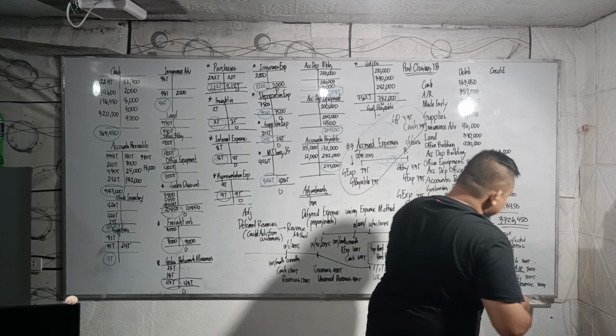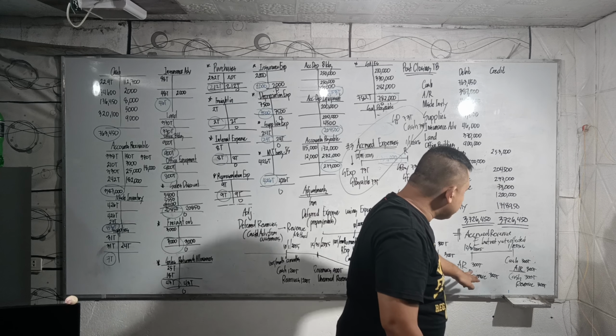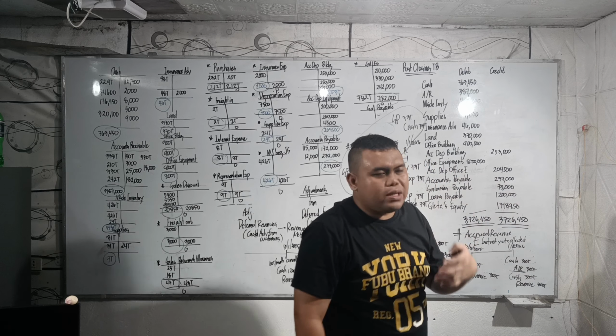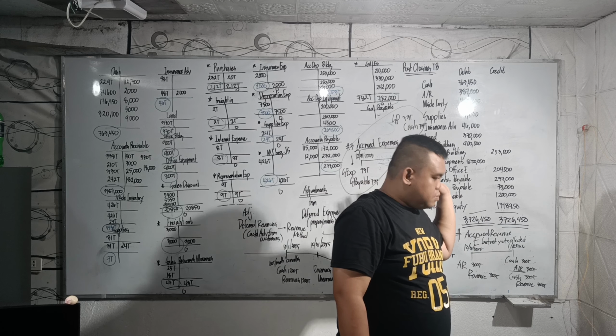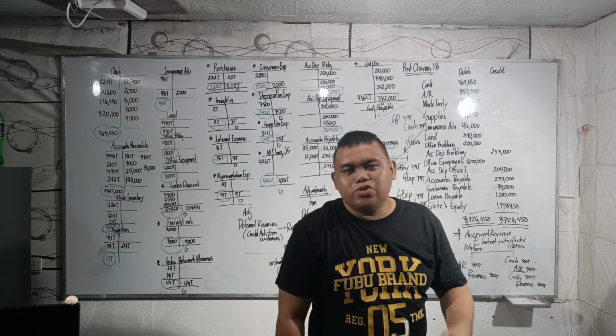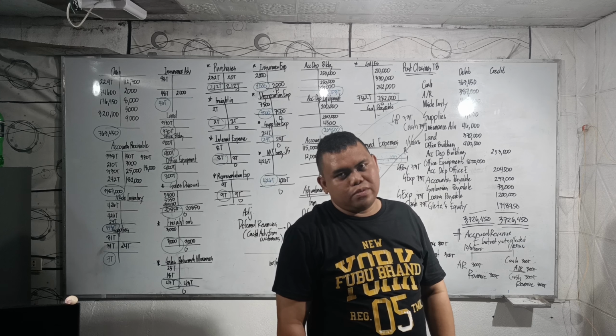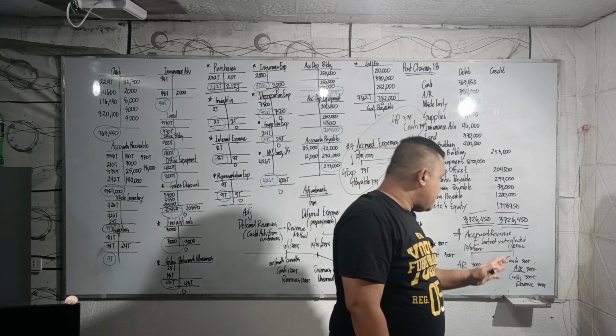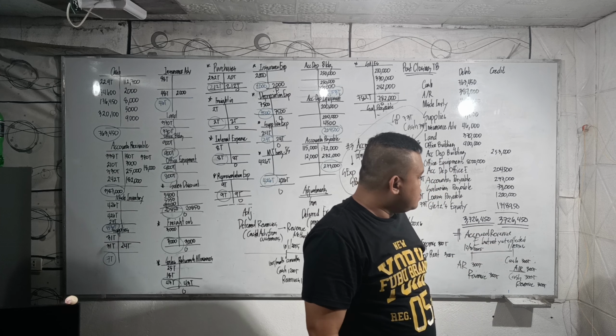Okay? That's a problem because you recognized the revenue already in 20x5. And then you recognize it again in 20x6. That is a violation again of cut-off. Okay? So what will happen? That is a duplicated entry.